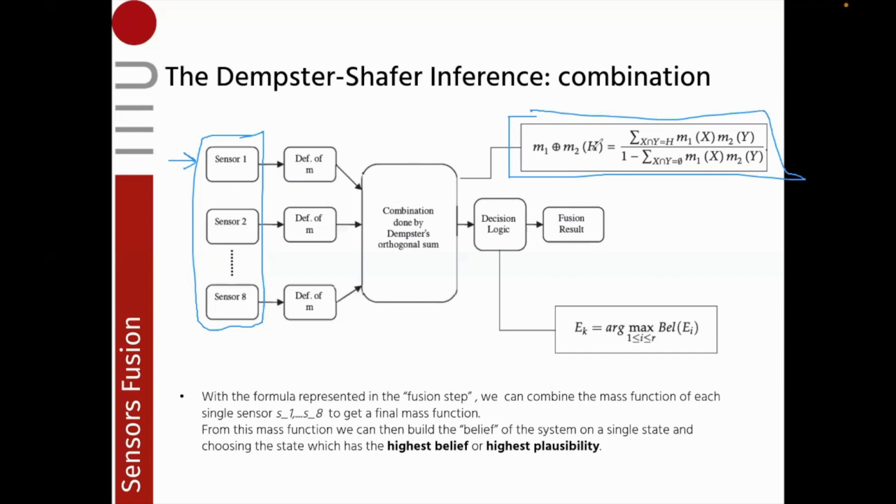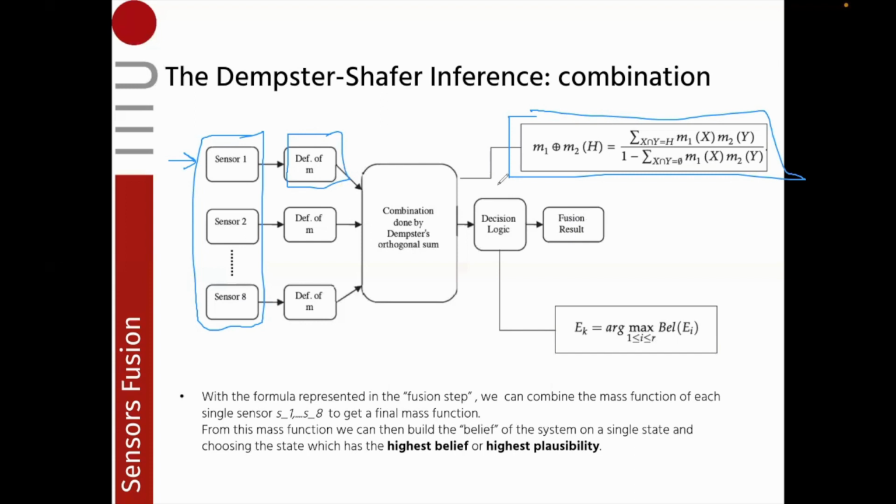This formula is a way of combining two mass functions over the same domain, the same input set. So what we do, provided all the mass functions given by the sensors, is combine them through maybe a more sophisticated version of this rule.